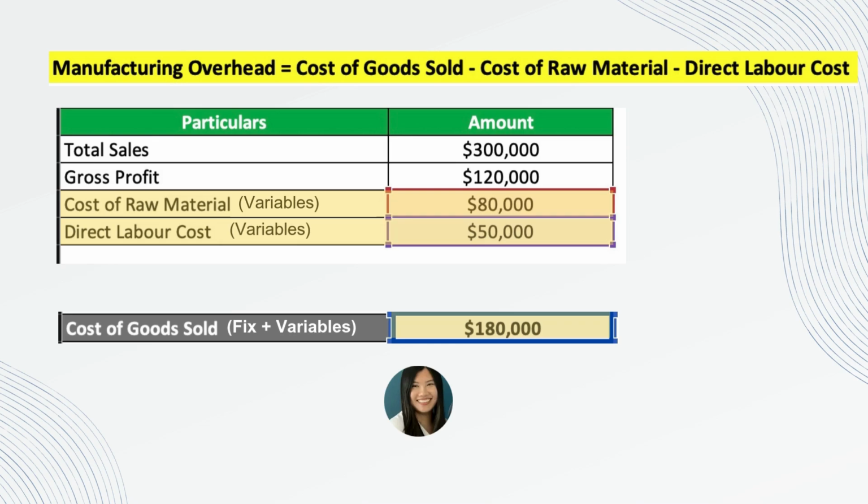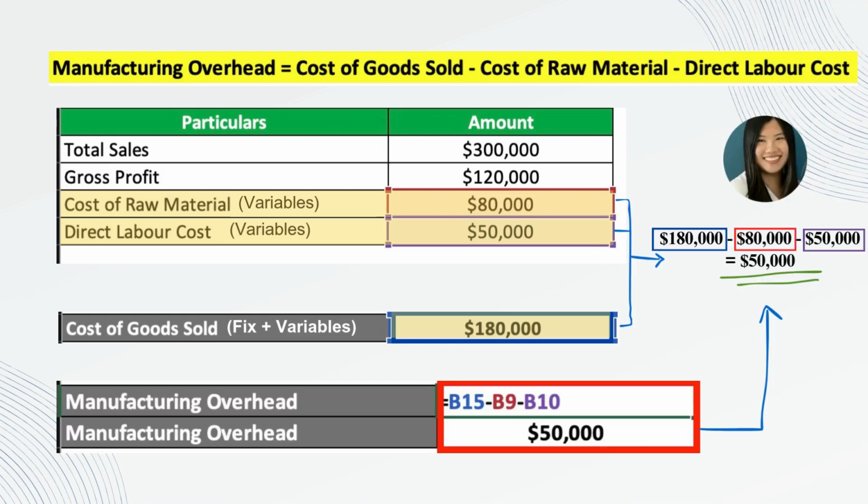And now we have the direct labor cost, and that will be $50,000. Now we know the numbers, let's calculate it. $180,000 minus $80,000 and minus $50,000, and that will make your manufacturing overhead $50,000.